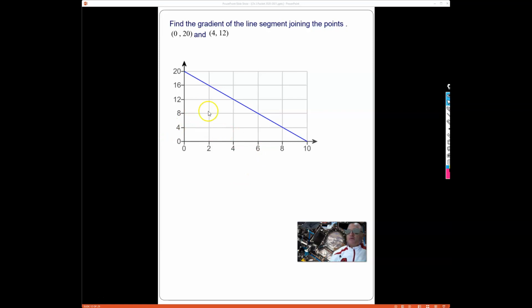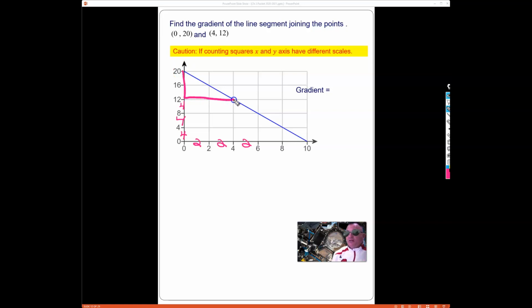So again here, if we counted, we'd get an incorrect slope or gradient if we didn't take into consideration the scale. So in this case, our change in our y coordinates is 4, and at the same time our change in our x coordinates is only 2. So the scales are different. So again, counting is okay. I can say I'm going to go 2 down and 2 to the right.